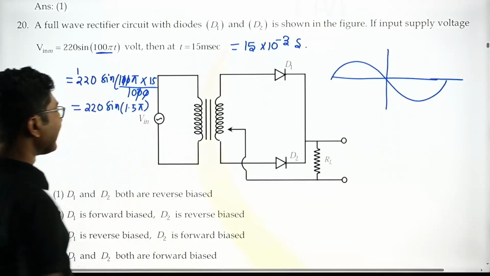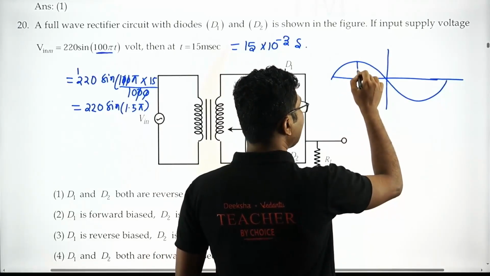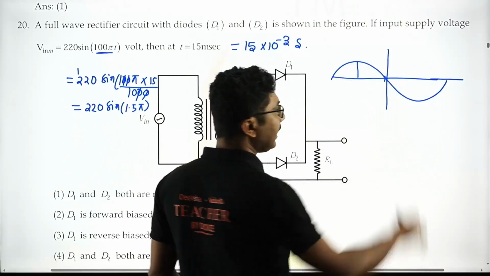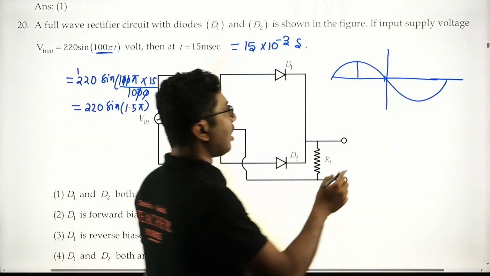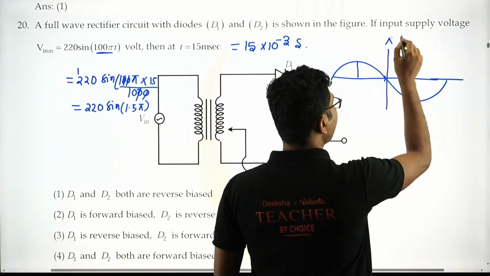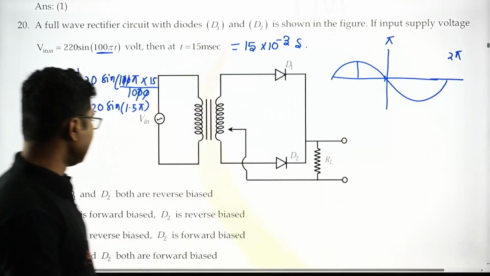So the angle is greater than pi. Up to angle pi, D1 is forward biased, but from pi to 2 pi, D2 is forward biased, D1 is reverse biased.